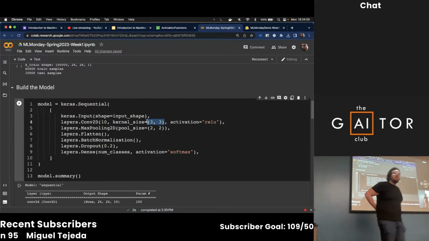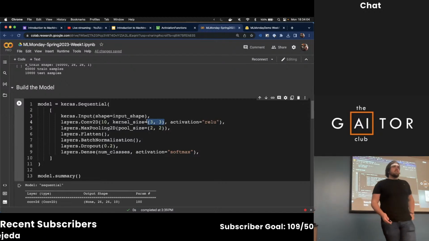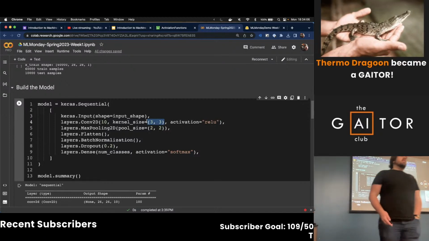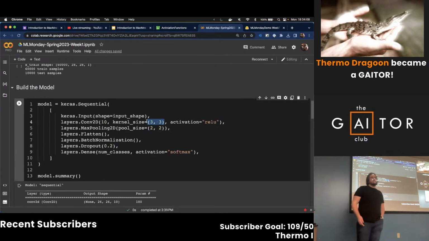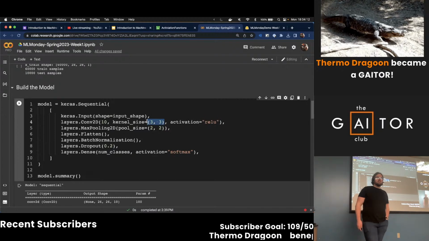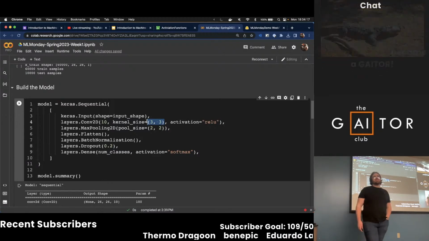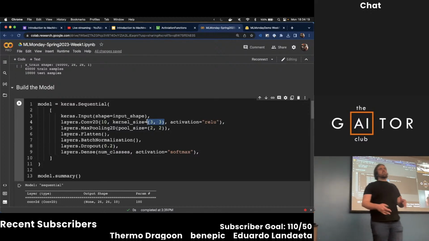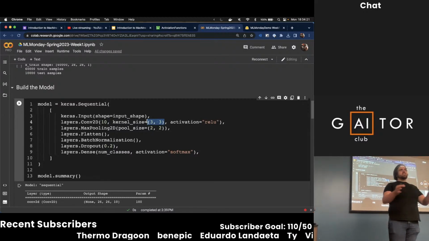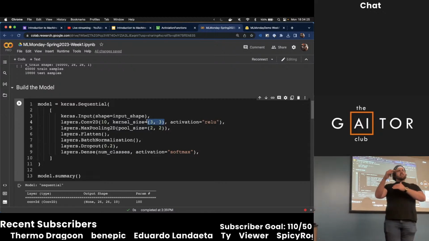Yes. So, if you want it to be accurate, would you want more filters in a smaller convolution, like would you want the kernel size to be smaller and the filters to be bigger, or is that not necessarily the case? It's not necessarily the case. There's something in machine learning called hyperparameter tuning, where you take a bunch of those values and try and figure out where the best possible hyperparameters are.